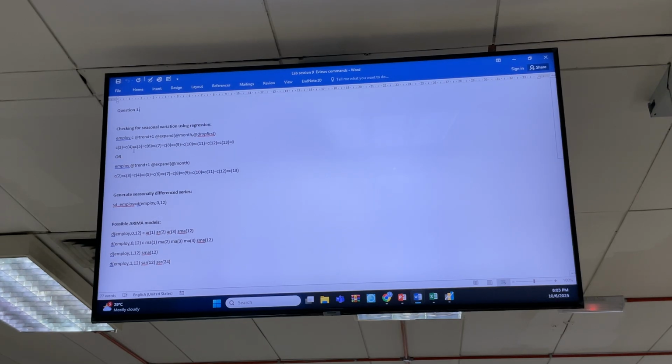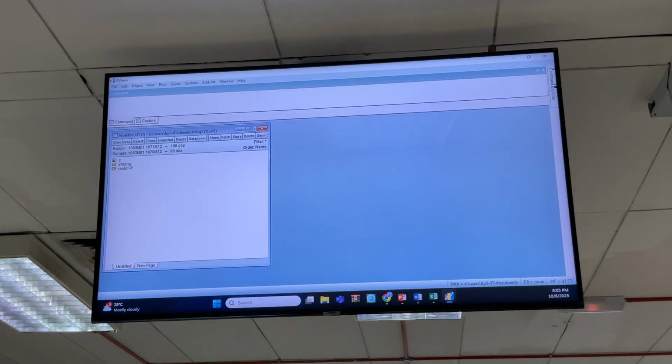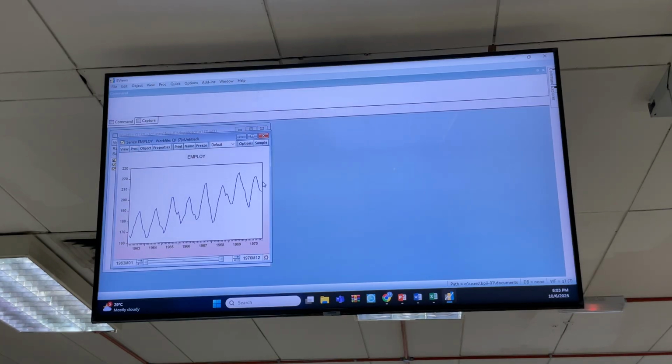But if you look at the graph, it seems to have seasonality, and trend as well.